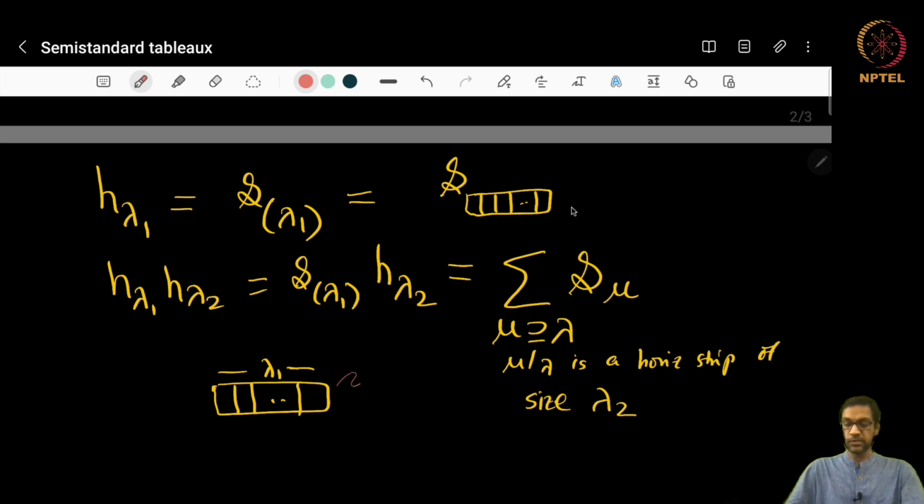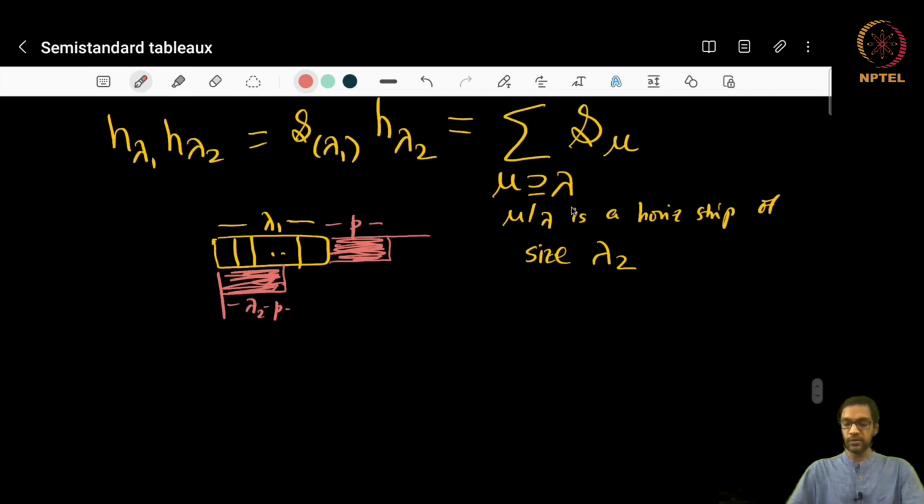Such that it forms a horizontal strip, which means, so if you recall what that means, I can attach some number of boxes here, okay, and I can attach some boxes here. So I attach some, say, p boxes in the first row and lambda 2 minus p boxes in the second row. So let's just call that number p, and the leftover boxes lambda 2 minus p I attach in the second row. Okay, and now this is for all possible p's, right? There are many S mu's that I'm going to get on the right hand side.